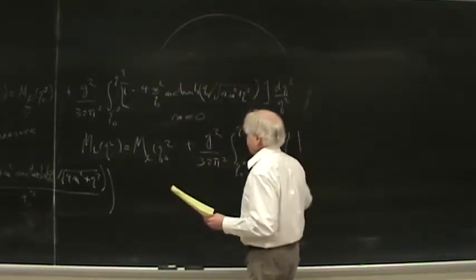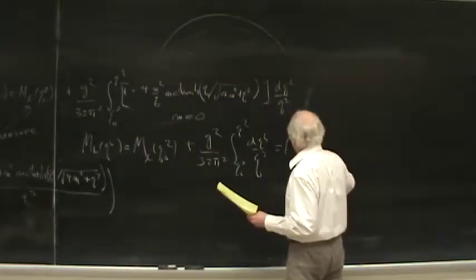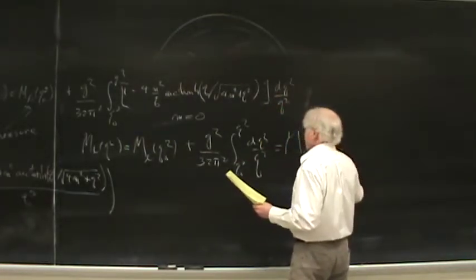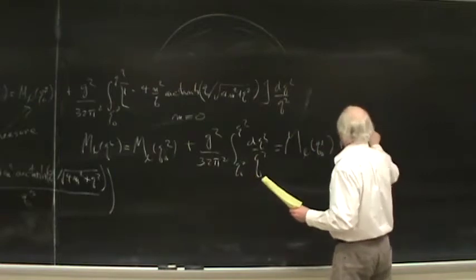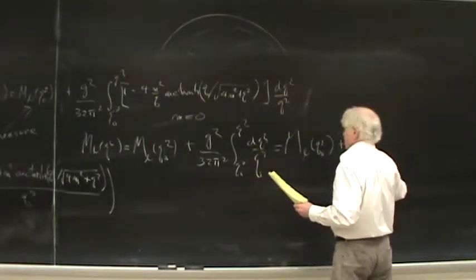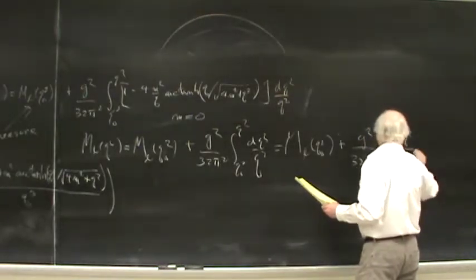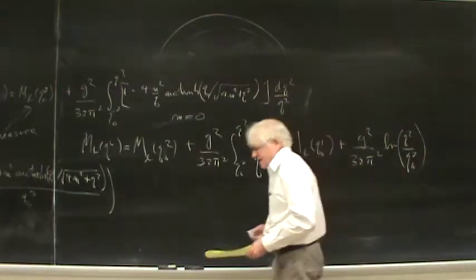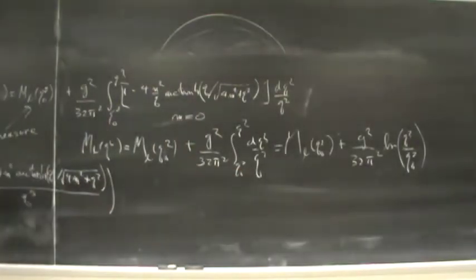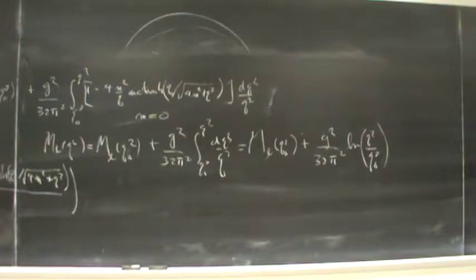And so that's m loop of q0 squared plus g squared over 32 pi squared log of q squared over q0 squared. So here we get the same result as in the book, but we haven't had to deal with any infinities at all. And so I think this is a better way of doing renormalization.